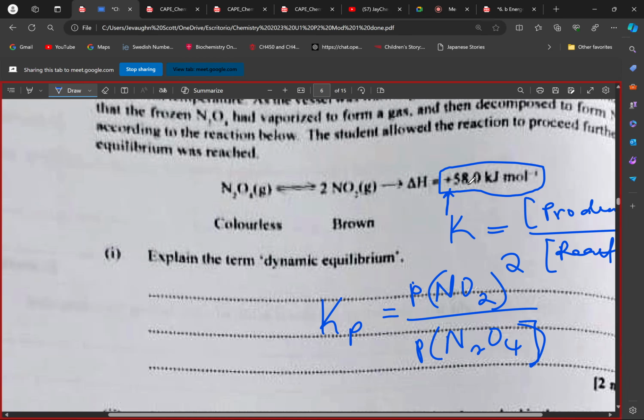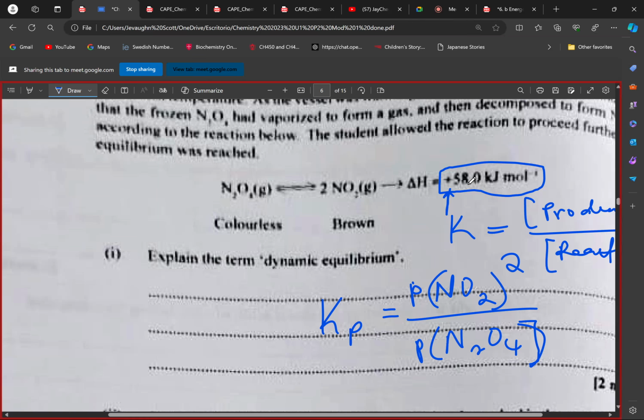Hold on, let me think about this. When temperature is increased, we favor the endothermic. And if temperature is decreased, we prefer the exothermic, right? So what this is saying is the reaction is cold. So let's say it's endothermic, it's going to be cold, right? So what's going to happen now?